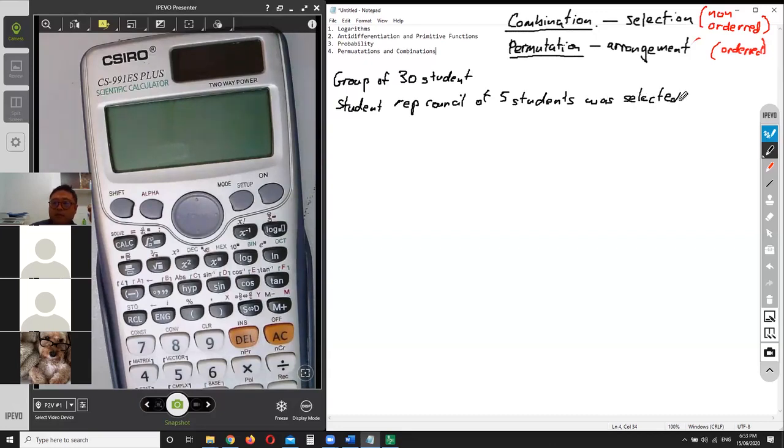Now, does the order matter? For a student representative council, all that matters is whether you're in the council or not. So does the order matter? No. So how many different ways are there of choosing 5 people from 30 people?